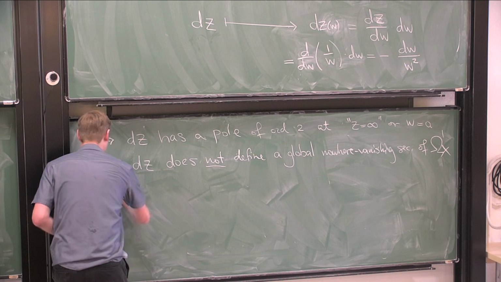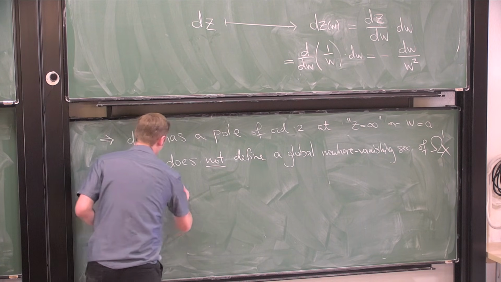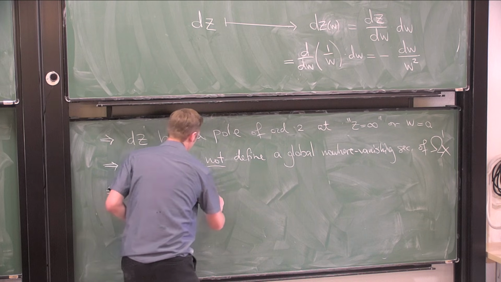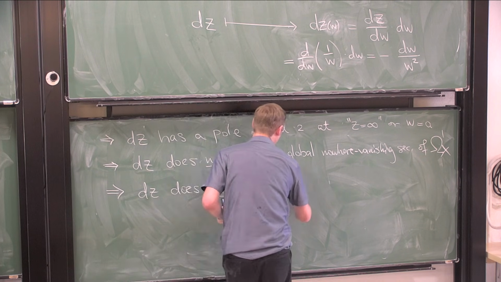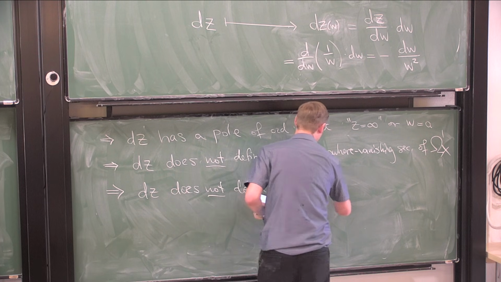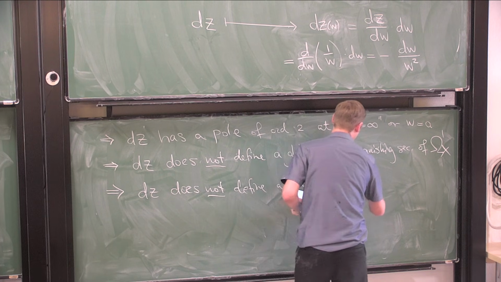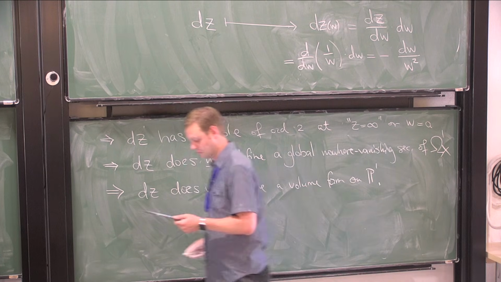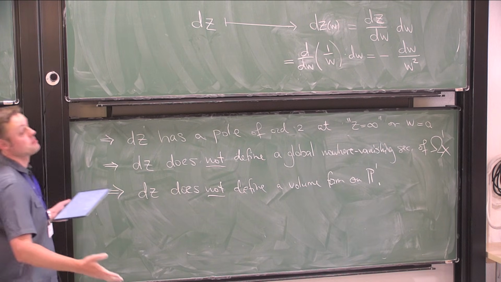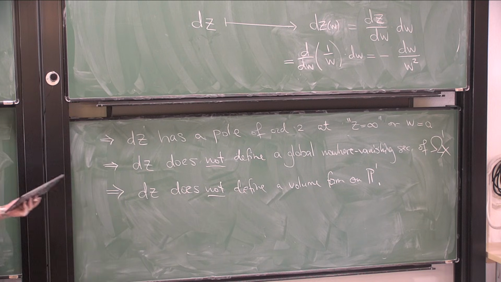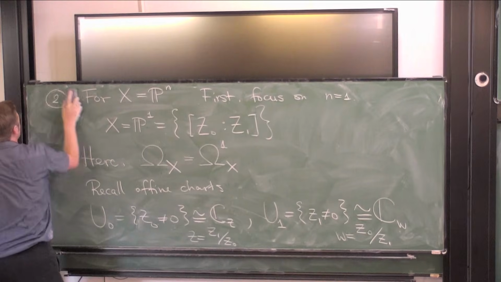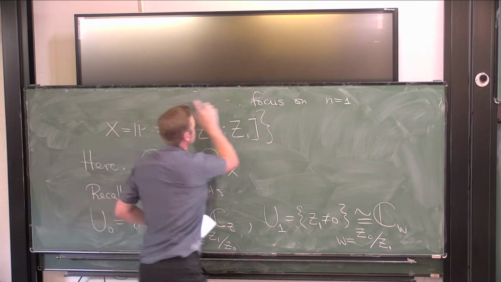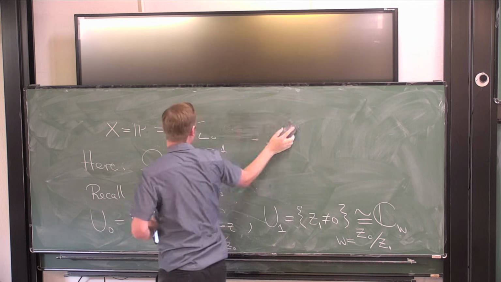In particular, dz does not define a volume form on P1. Of course, this doesn't necessarily mean that P1 doesn't admit a volume form at all. I'm just saying that the most obvious candidate for a volume form is certainly not it.